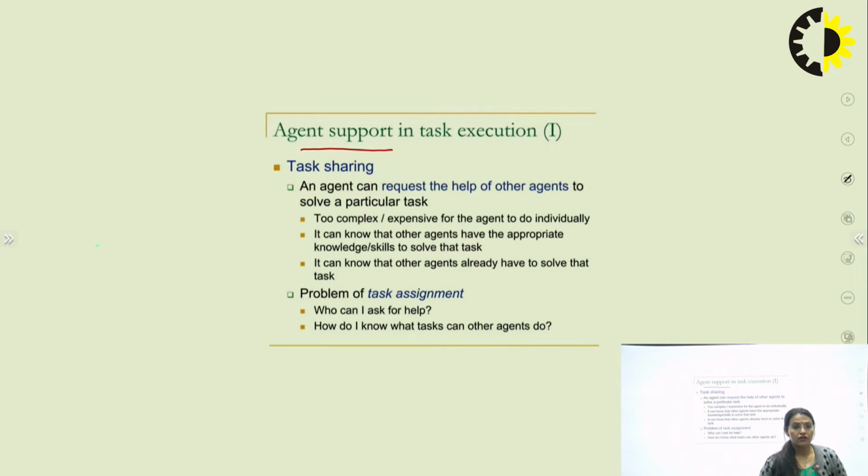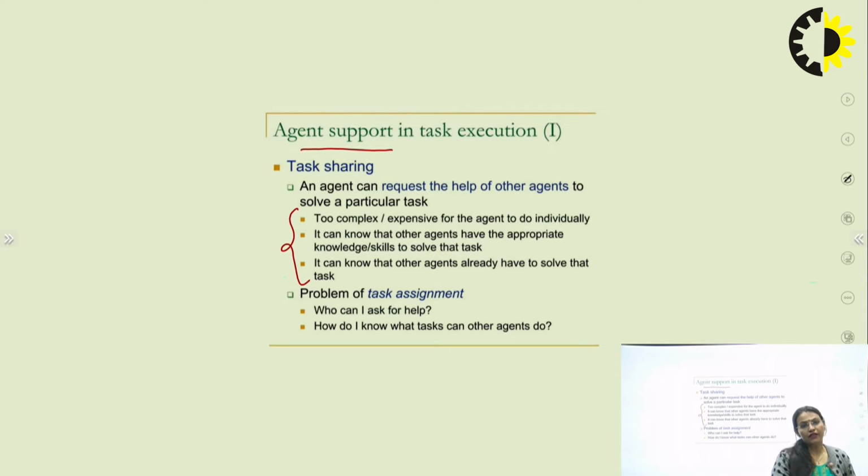Secondly, it may be possible that a particular agent has already solved that particular task or sub-problem, or that another agent has the appropriate knowledge or skill to solve that task. In any of these cases, the coordinator decides that it will ask for help from other agents.